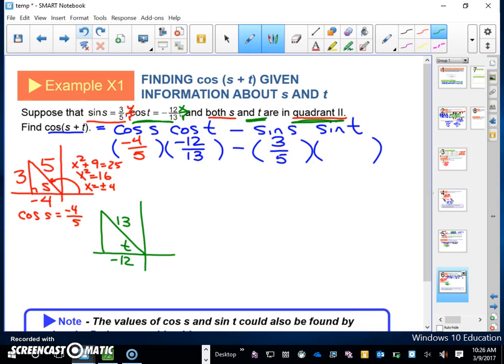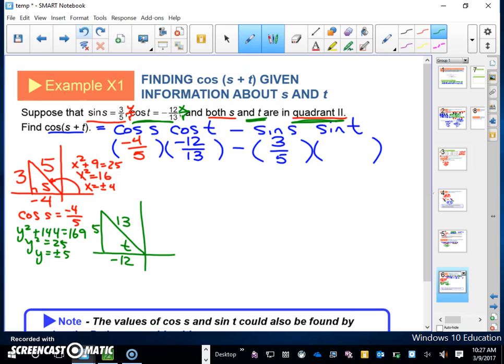Then I can do the Pythagorean theorem again. y squared plus 144 equals 169. Subtract 144, so y squared equals 25. Square root, I'd get plus or minus 5. But notice where we are: in the second quadrant, we're upstairs, so that's a positive 5.